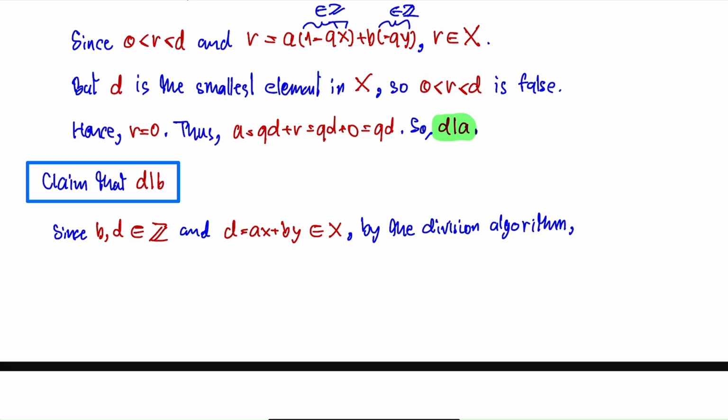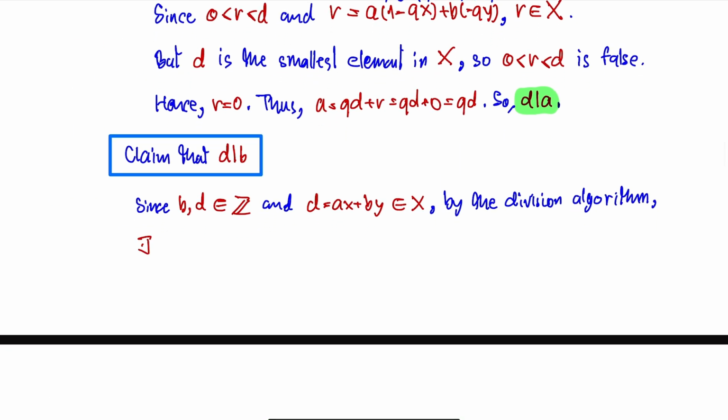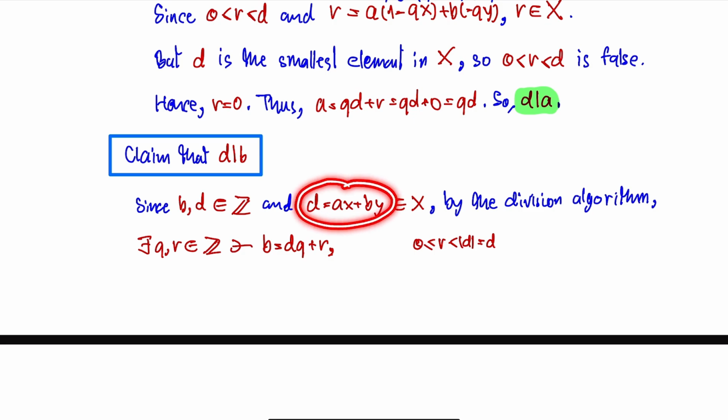what do we have? There exist integers q and r such that b equals dq plus r, where r is greater than or equal to 0 and less than the absolute value of d. Okay, and we plug in this d into here.